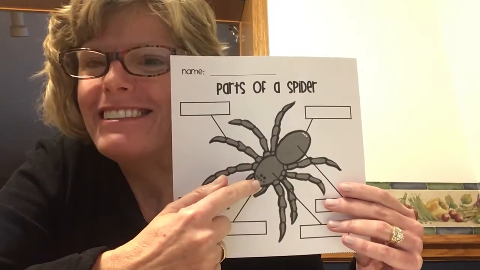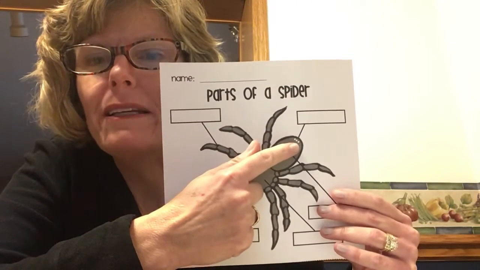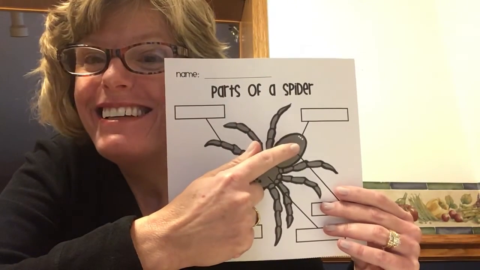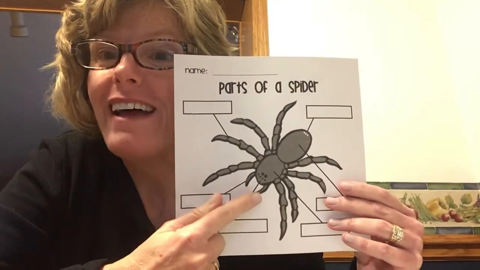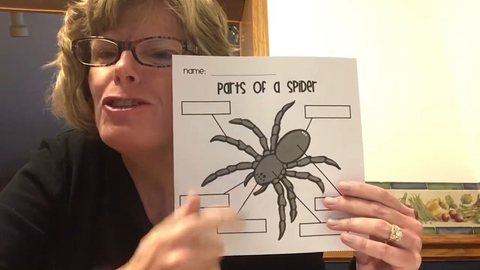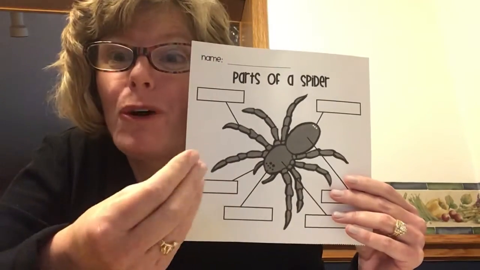The eyes. Awesome stuff. Okay, and how about this one? The spinnerets. And the last one was the feelers. How many feelers are there? 1, 2. 2 feelers that's used to feel or grab their food.